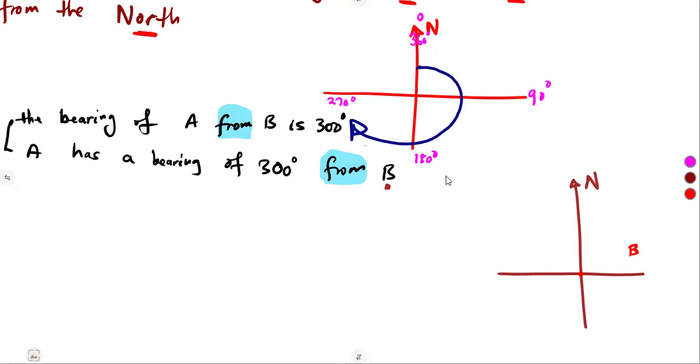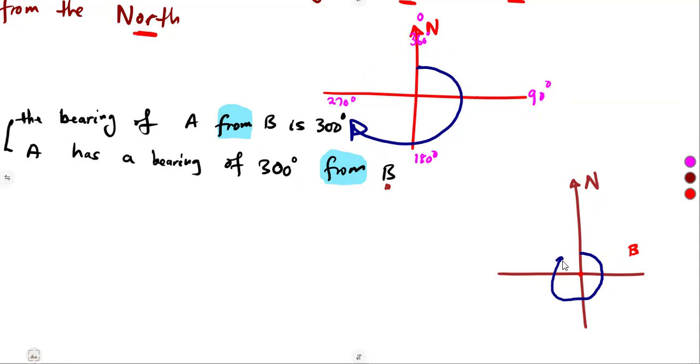So you must locate the angle by considering which quadrant it is found in. 300 degrees is found between 270 and 360. In this quadrant, we are going to have our 360. So from B, 360 degrees can be like this, in the north, from the North Pole, in a clockwise direction.